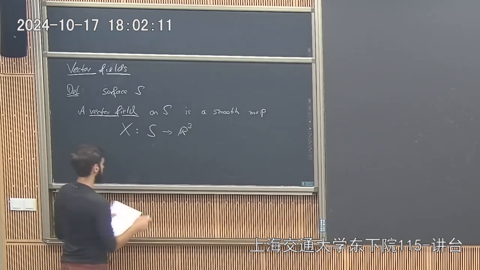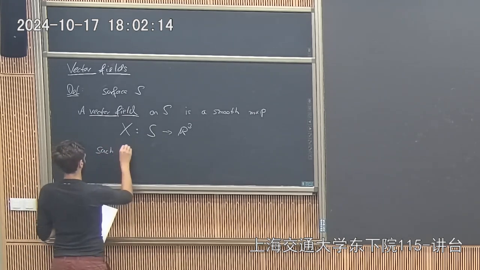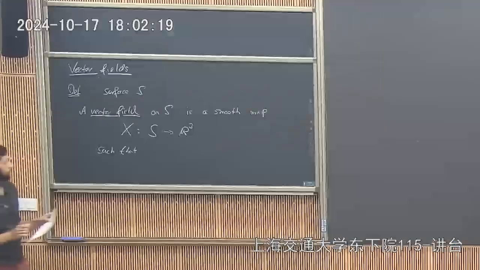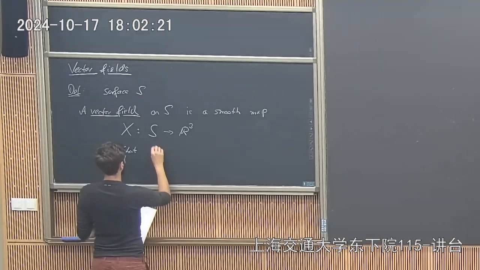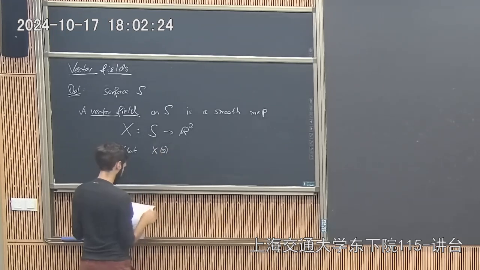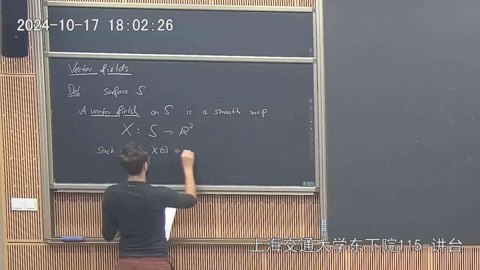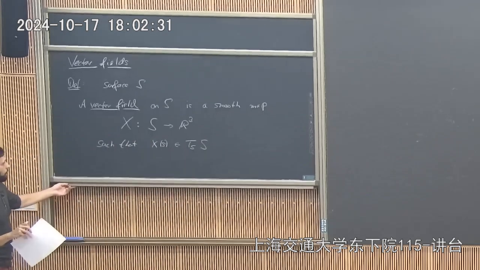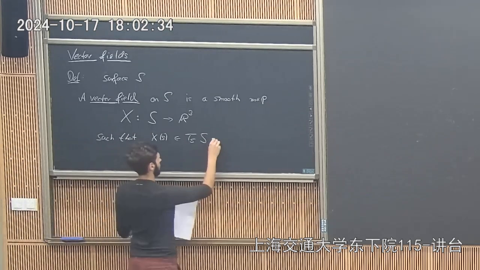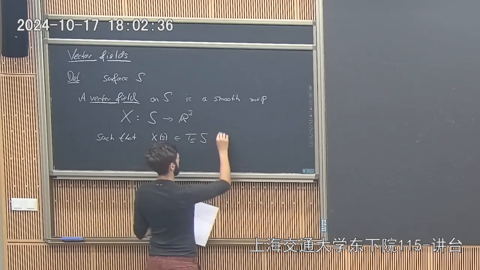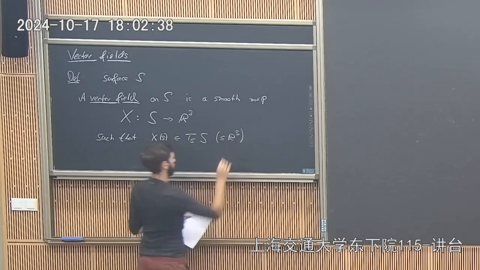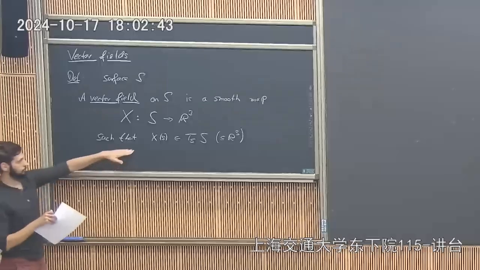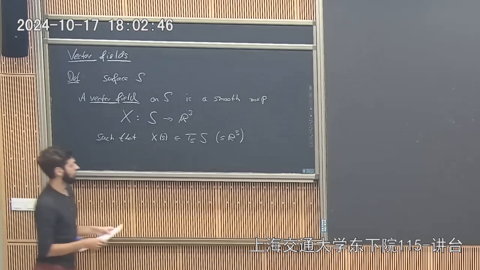And we want that to have the property that it's really a tangent vector, not something like, for example, normal to the surface. So we want that X of s to be in a subset of the tangent space. Remember that this one was a certain subspace of R3, and we want that this one is tangent to the surface.